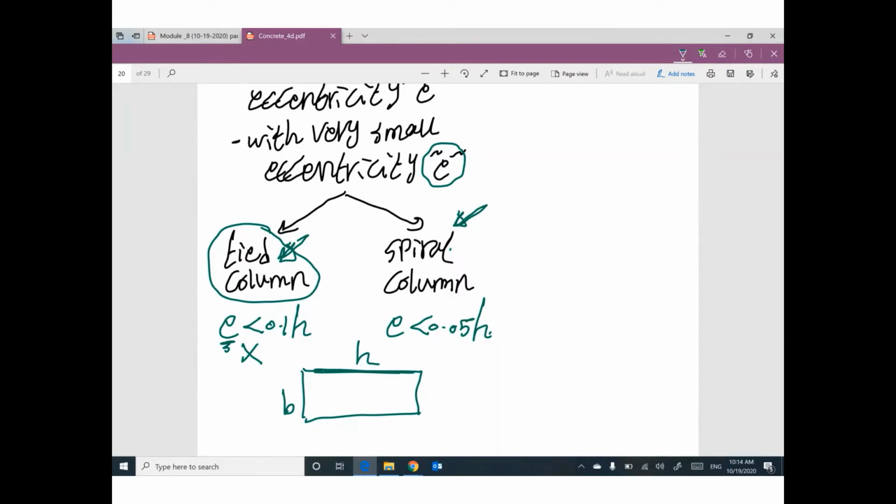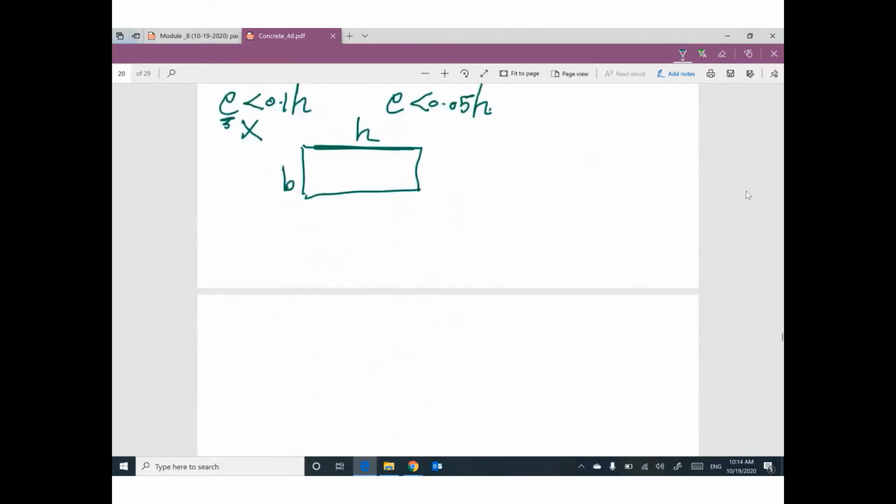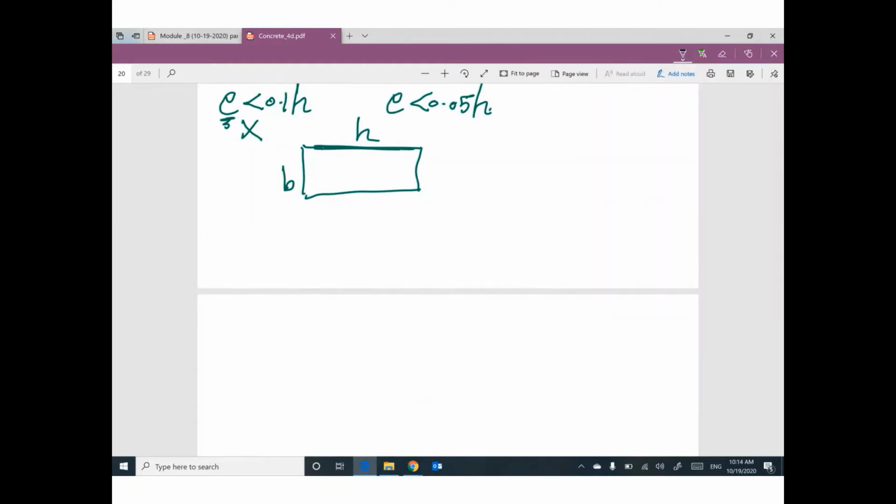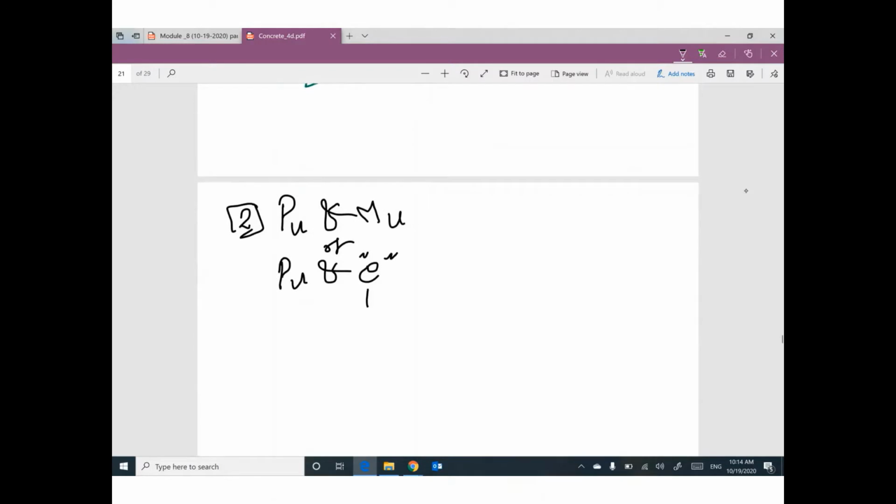Second case. I'm still talking about short column. Second case: we have P ultimate and M ultimate, or we have P ultimate and eccentricity. And this eccentricity cannot be neglected.